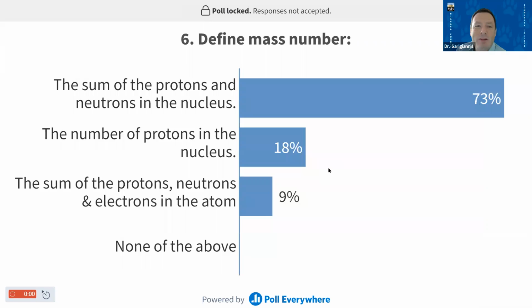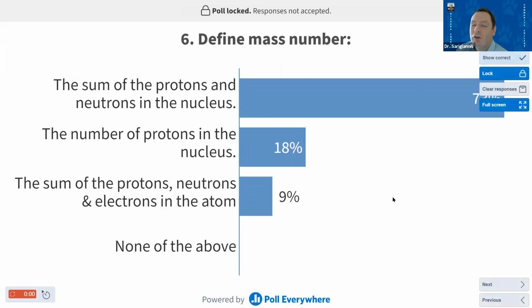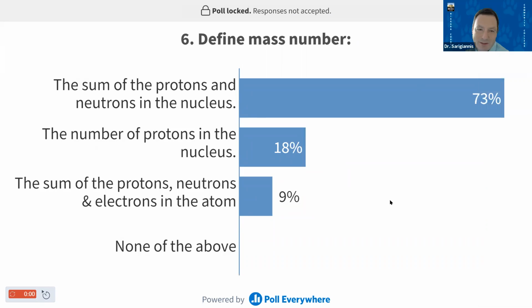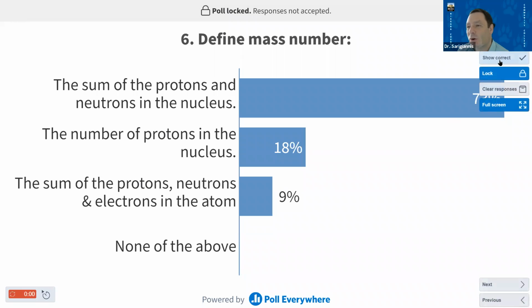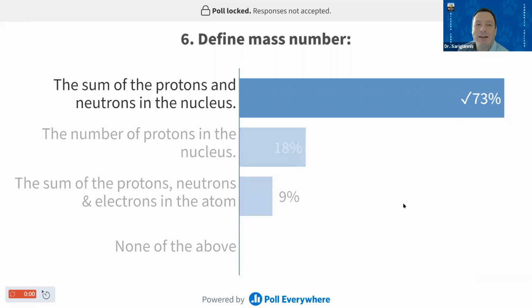Okay, the sum of the number of protons and neutrons, yeah. So the mass number is the sum of the protons and neutrons in the nucleus. Remember, electrons are so tiny. They're about 1,000th of the mass of the proton or the neutron, that in general chemistry, we essentially ignore them. So the correct answer here is the sum of the protons and the neutrons in the nucleus.